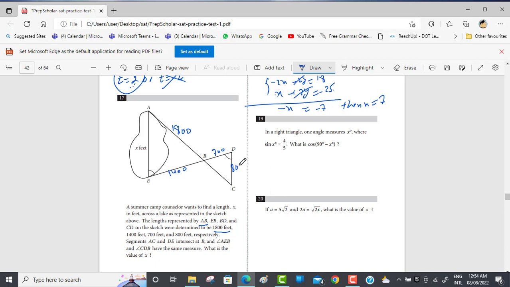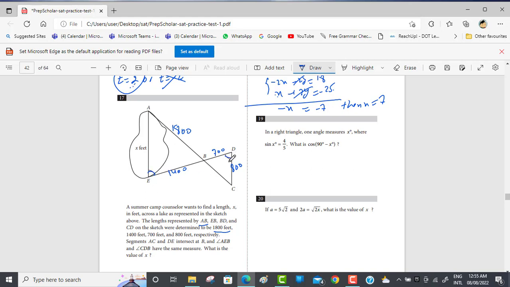Respectively, segments AC and DB intersect at B, and angle AEB and angle CDB have the same measurement. These two angles have the same measurement.